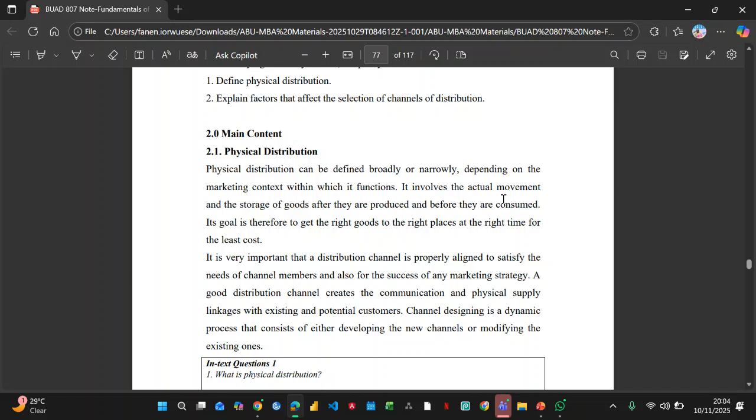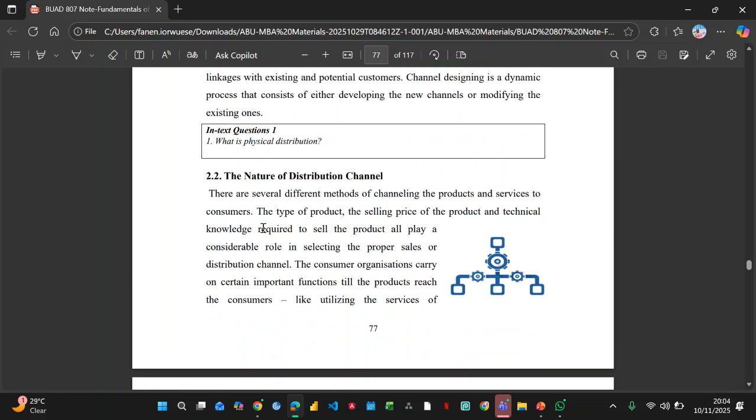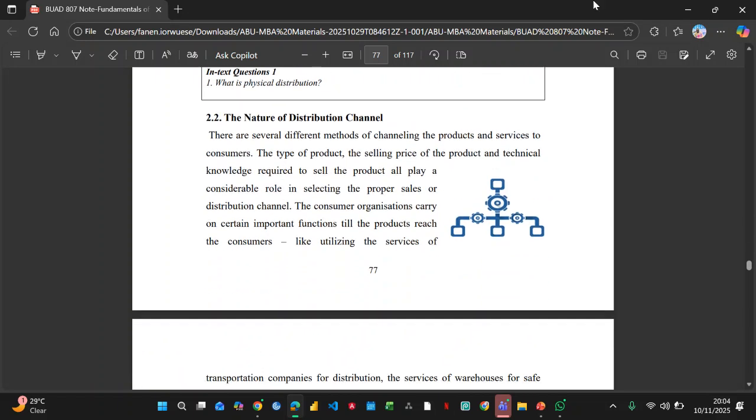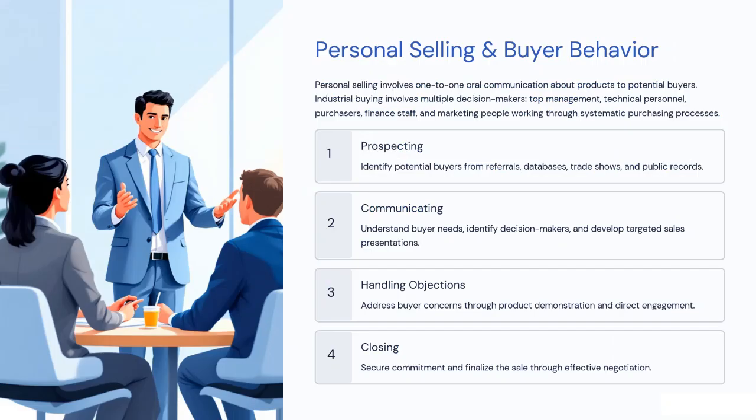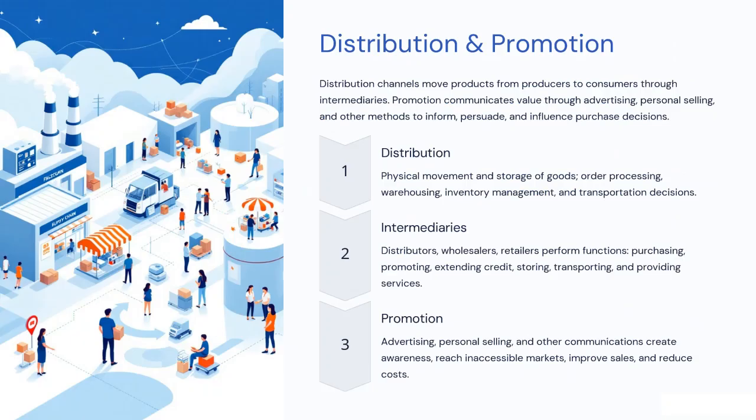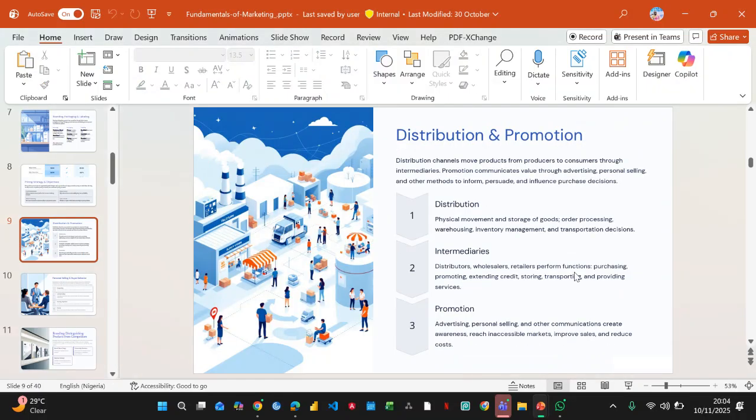So we've not really gotten in here. What I'm looking at is a past question paper that I want us to study, one of the past question papers that I have for this particular course.